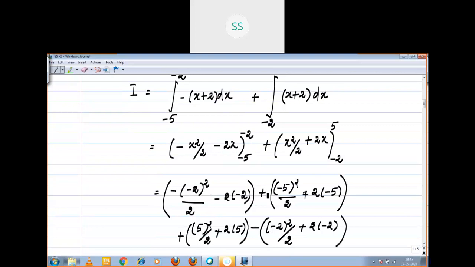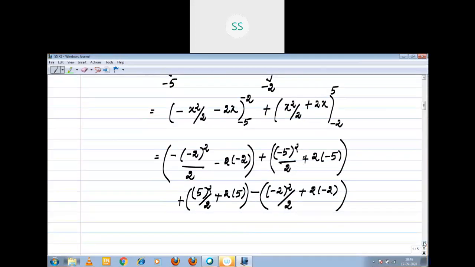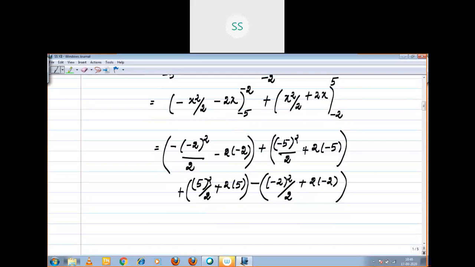First, minus 2 is your upper limit, so the function is negative. Minus 2 the whole square by 2 minus 2 into minus 2, minus lower limit. Here I took minus as common, so minus into minus is plus, minus 5 the whole square by 2 plus 2 into minus 5, plus upper limit 5 square by 2 plus 2 into 5, minus lower limit minus 2 the whole square by 2 plus 2 into minus 2.